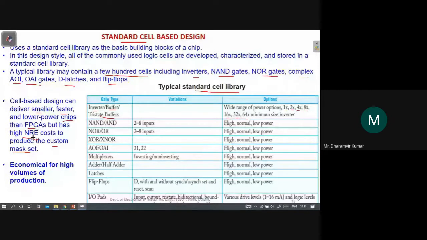So there are some costs which may not be recovered anyhow. Those kinds of costs are collectively called NRE, that is non-recurring engineering cost. In the case of standard cell based design, it is higher as compared to FPGAs. But NRE cost for standard cell based design would be definitely lower as compared to full custom design. Okay, right?